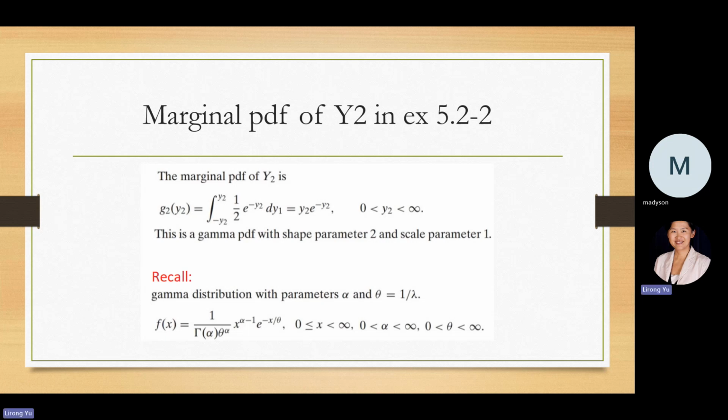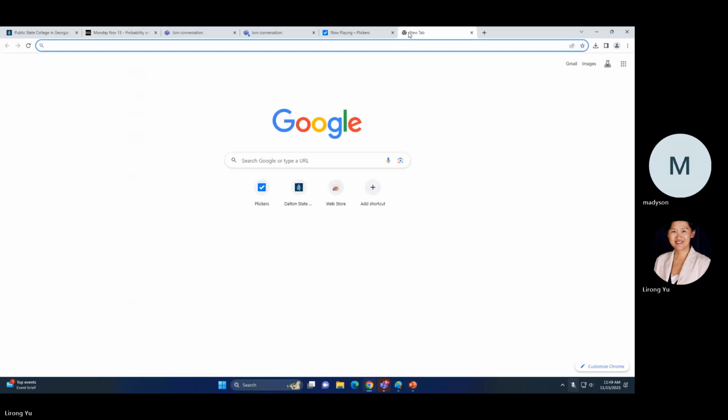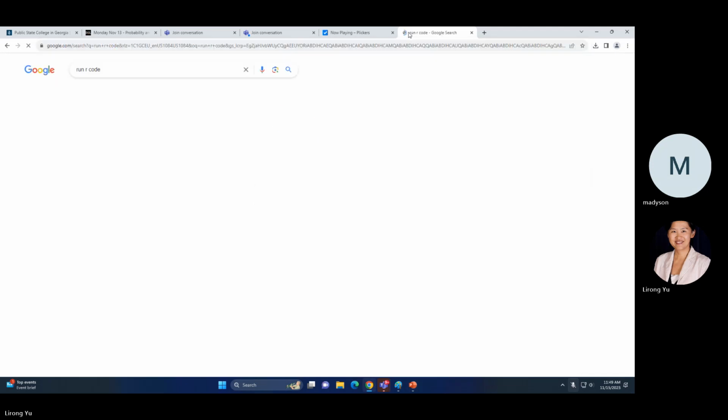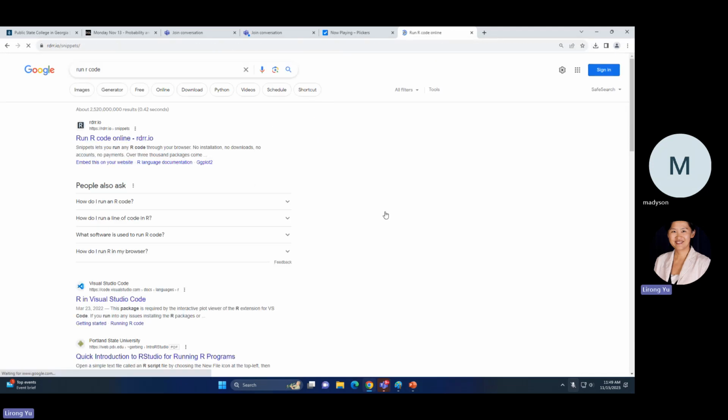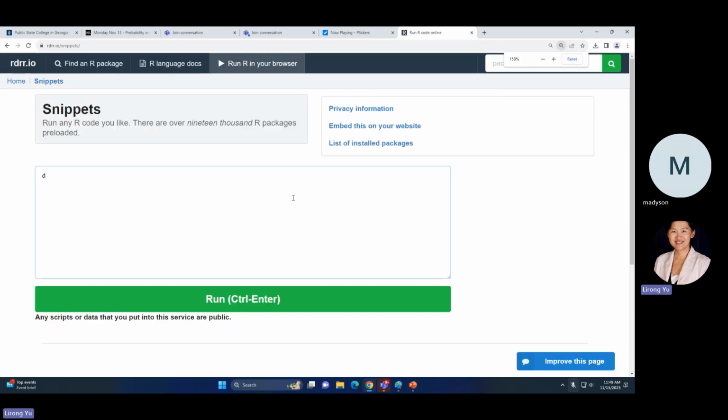Any questions? In R, we actually have a function for the distribution. That's why I'm trying to name it. R can calculate any distribution for you.